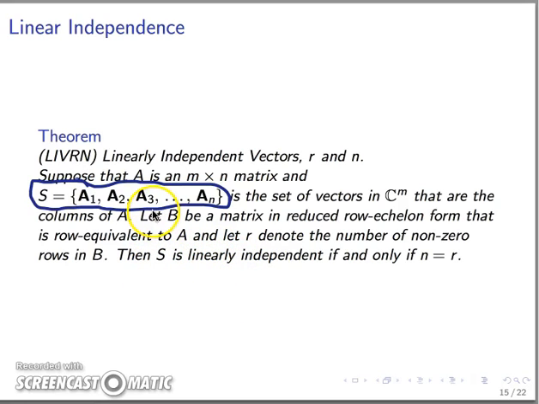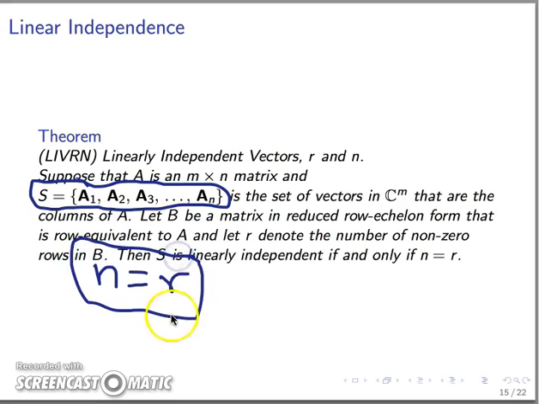We consider the set independent if and only if the number of columns is exactly equal to the number of non-zero rows in the row reduction. Let's be clear not to confuse what we're calling the number of columns of the coefficient matrix. This is by considering a linear system that has a matrix of coefficients.